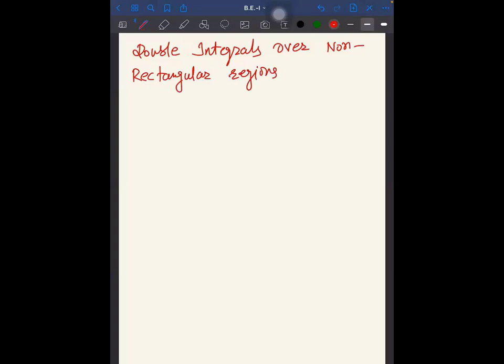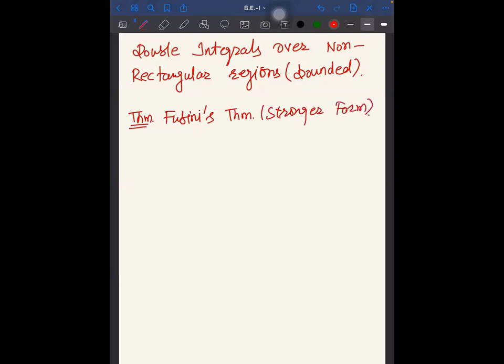But always keep in mind that these regions are always bounded to us. Most of the times they are bounded to you, right? Fubini's theorem, we call it the stronger form, right? We'll do only the statement.